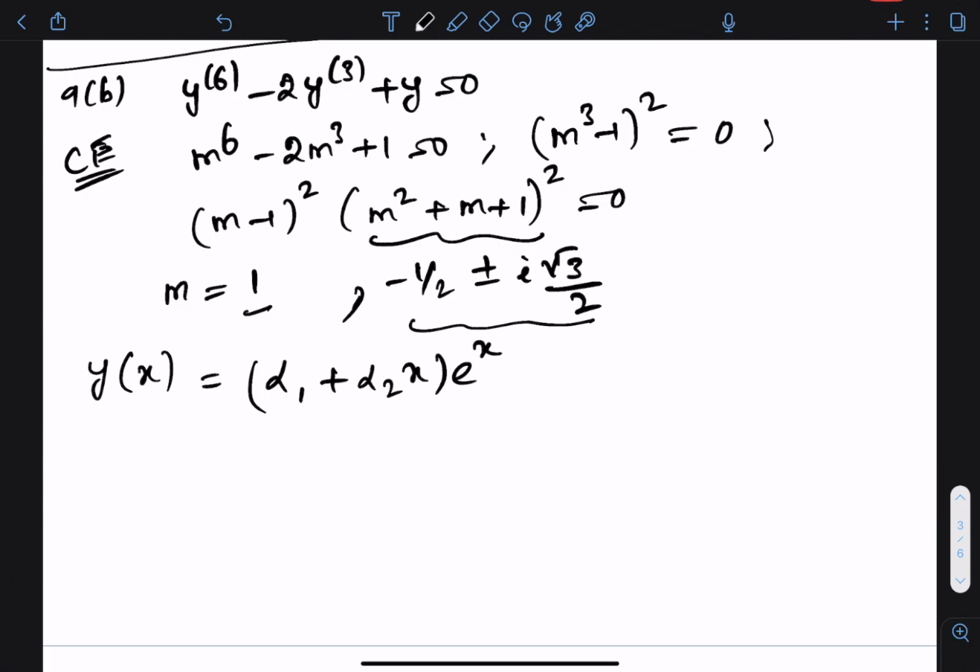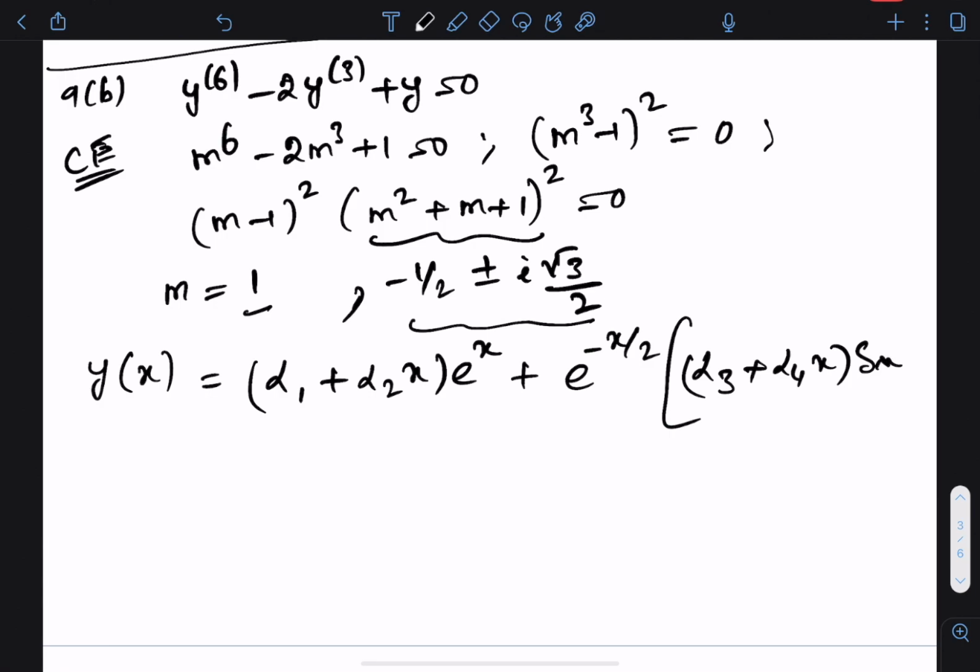And then the complex conjugate roots are also double roots, so you have exponential of minus x over 2 times alpha 3 plus alpha 4 x times sine of root 3 x by 2 plus alpha 5 plus alpha 6 x times cos of root 3 x by 2.